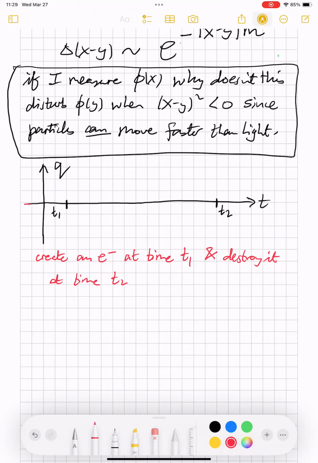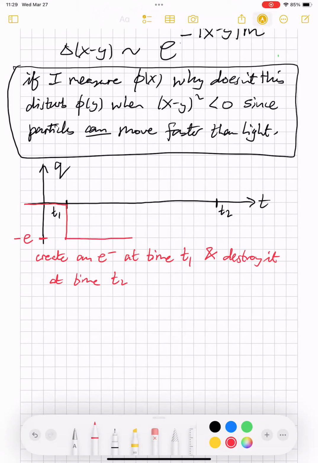So we start off with a charge of 0, let's say. Then I create an electron. So what will happen? The charge of the universe will now become negative, and it will be a charge of minus E, the charge of 1 electron. So when I create an electron, I've created a charge of minus E, so the charge of the universe went down.